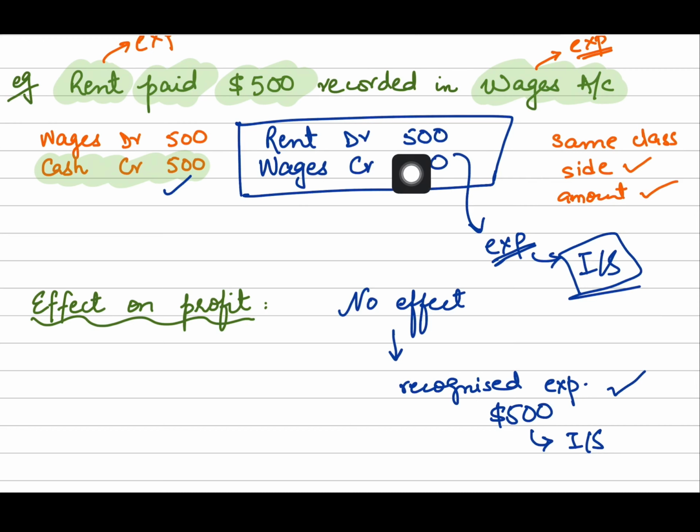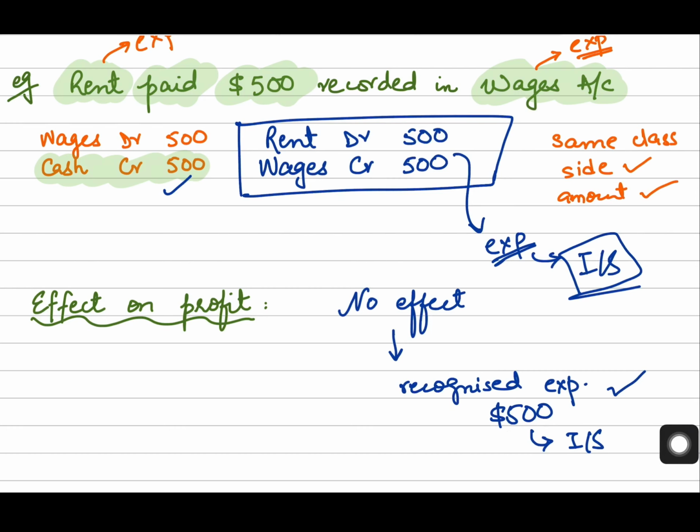So eliminating an expense and then again recording an expense, that expense which had already been recorded in the income statement, right? You are just now correcting it by bringing it under the correct account, that is your rent account. But this 500 had already become part of your income statement as an expense, right?